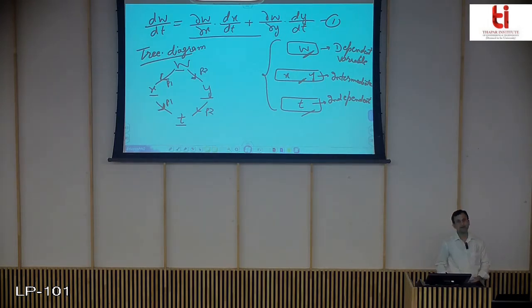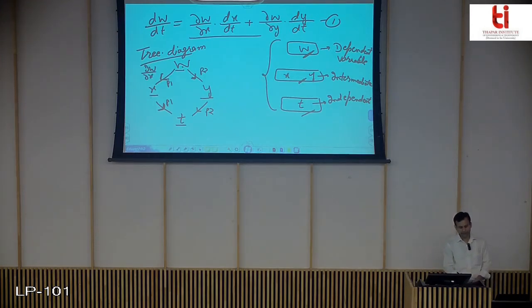Now what we do, we differentiate w with respect to x, top to bottom. Differentiate the top one with respect to the lower one. Since w depends upon x and y, when we take the differentiation of w with respect to x or y, it will be a partial derivative. So differentiation of w with respect to x gives you del w by del x.